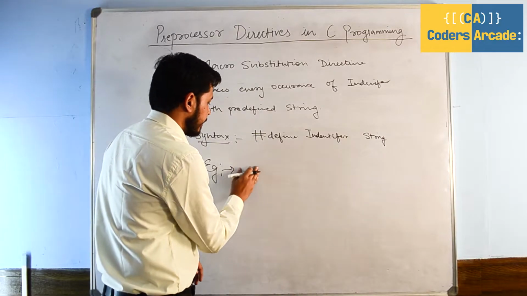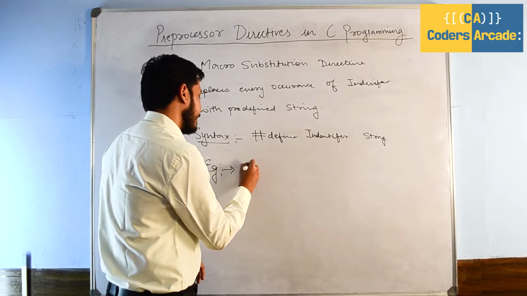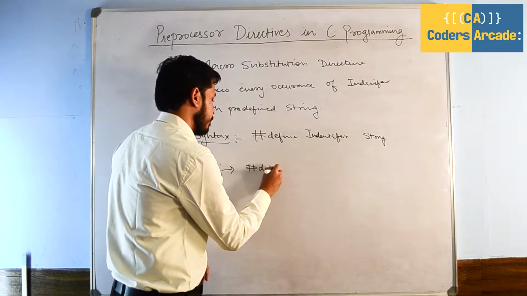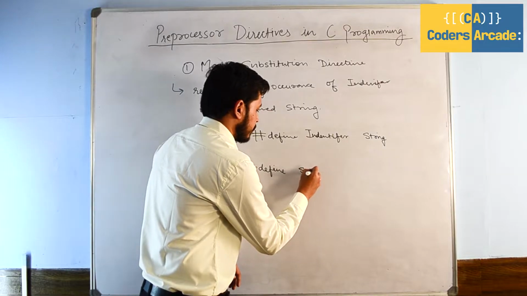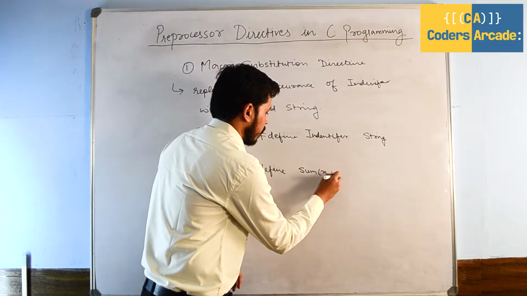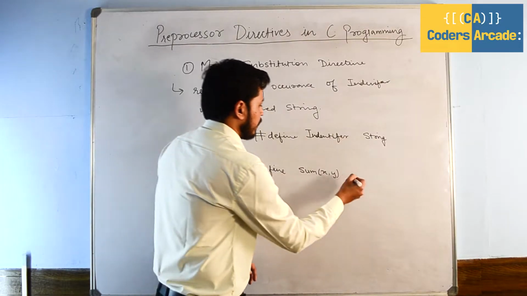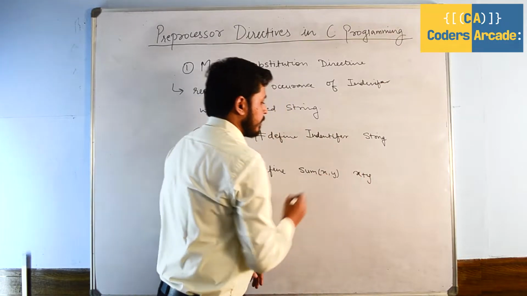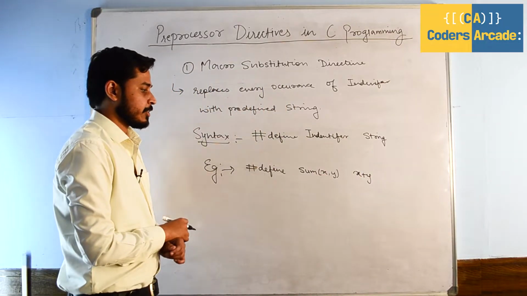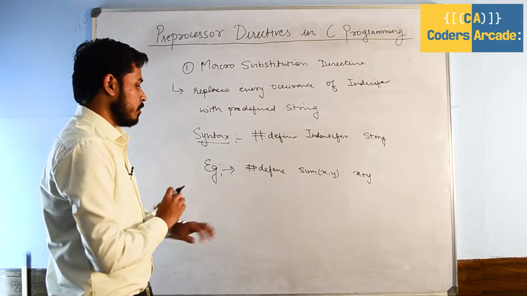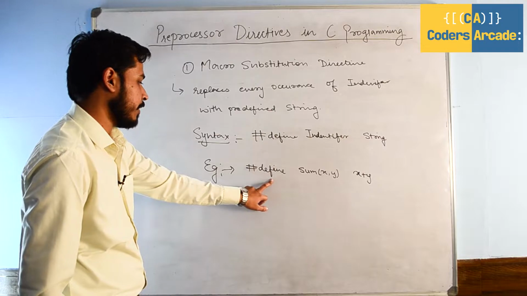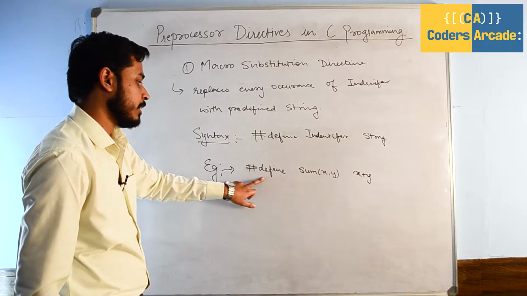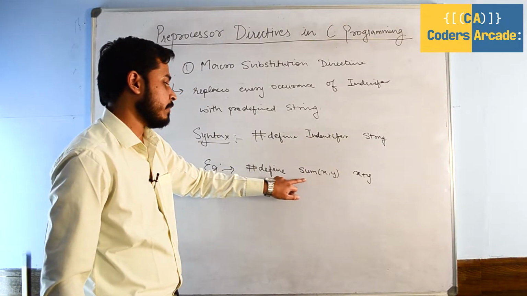Let us say I'm going to write here hash define SUM(x, y) will be replaced with x plus y. This is one of the examples. So here I have written hash define, so using hash define I'm defining a macro, and this is the identifier.